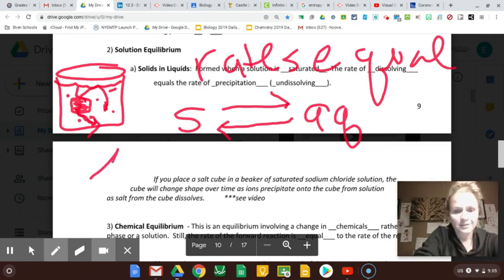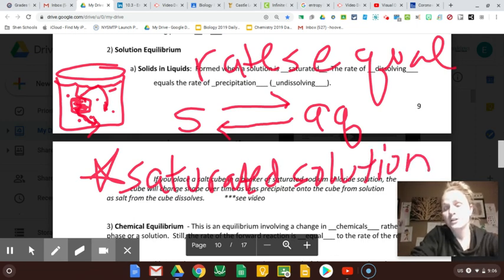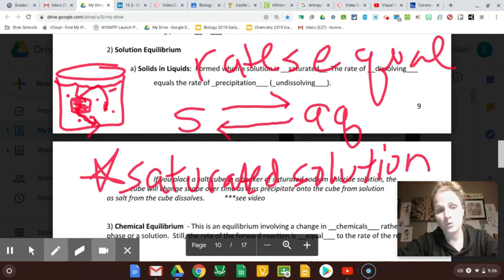The only question I could maybe see asked about this is that this is only going to happen in a saturated solution. It's like a nightclub at max capacity. You're only allowed to have 10 people in your nightclub. If you want to let one more in, you've got to send someone out so that one more can come in. So if you want one little piece of sugar to dissolve, you've got to have one little piece of sugar undissolved to be at rate equilibrium.